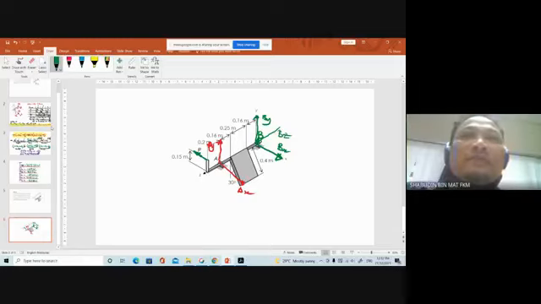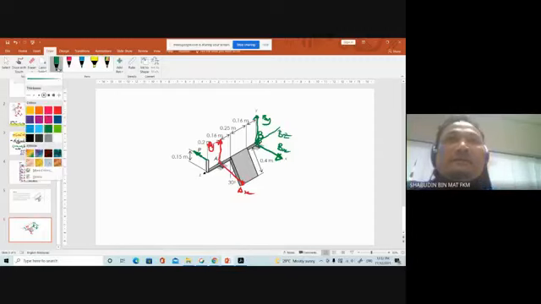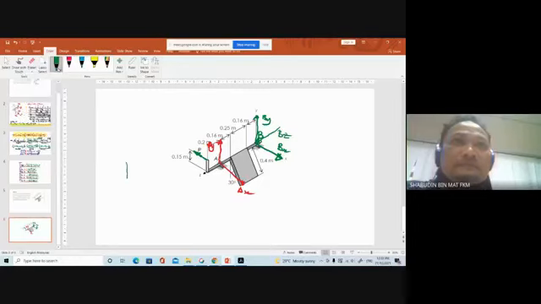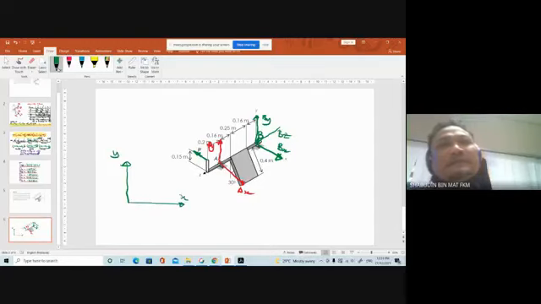It's quite confusing, but it's easy to be done. So try to draw the y and x axis. This is y. This is x axis, right? Am I right? Yes.